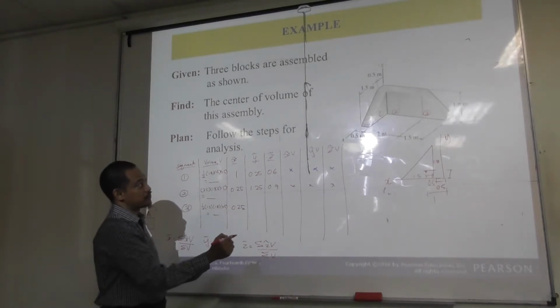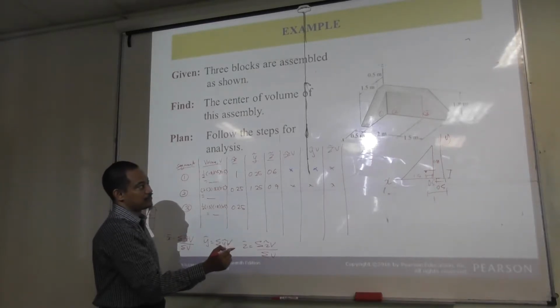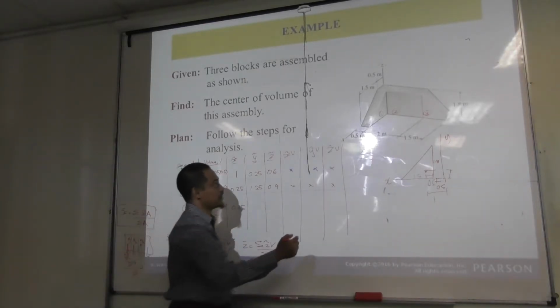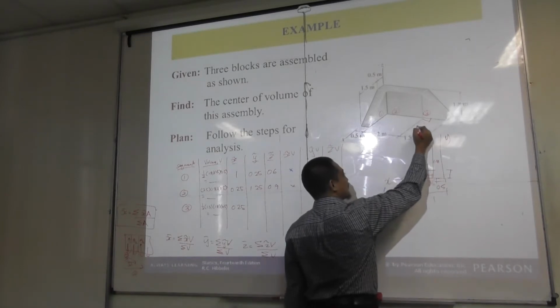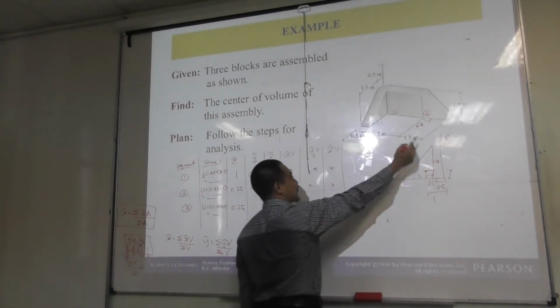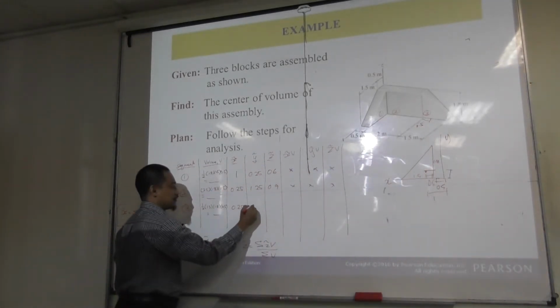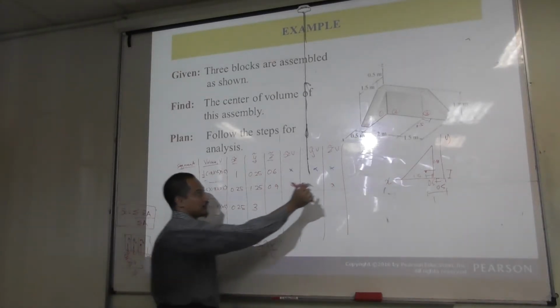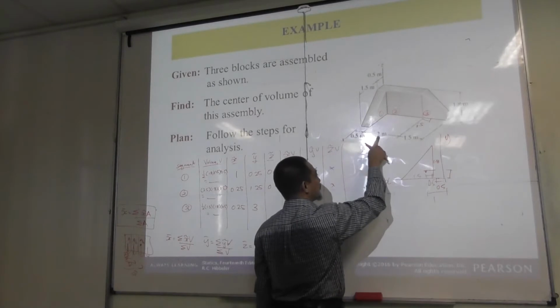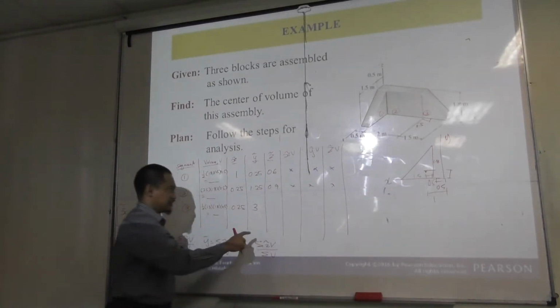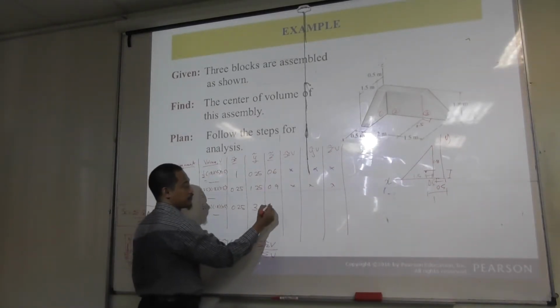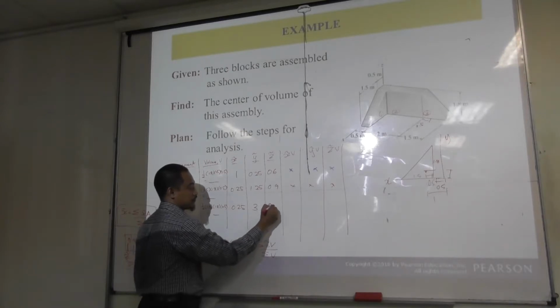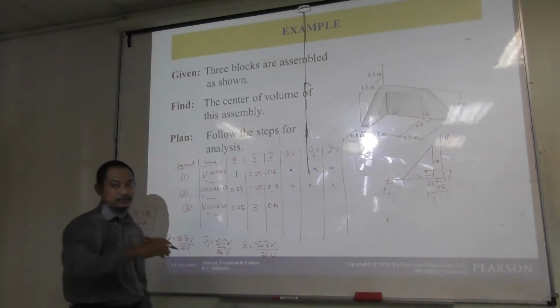Y is 0.5 plus 2, which is 3. Make sure, remember this is the coordinate, not just the distance, right? You have 0.5 plus 2.5, that is z, 0.6, 1/3 of the height.